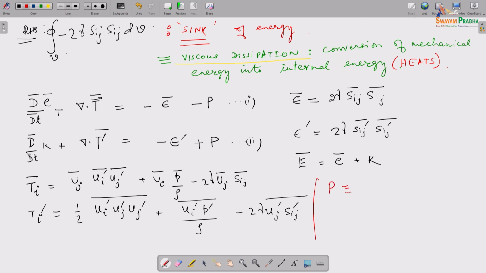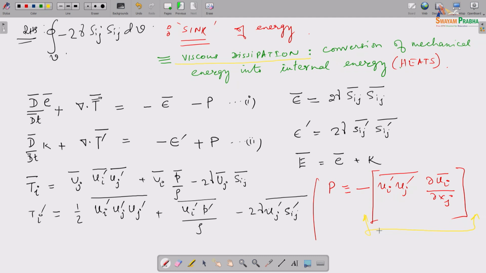This P actually represents that. Now if you see this term again, this term is mostly positive.